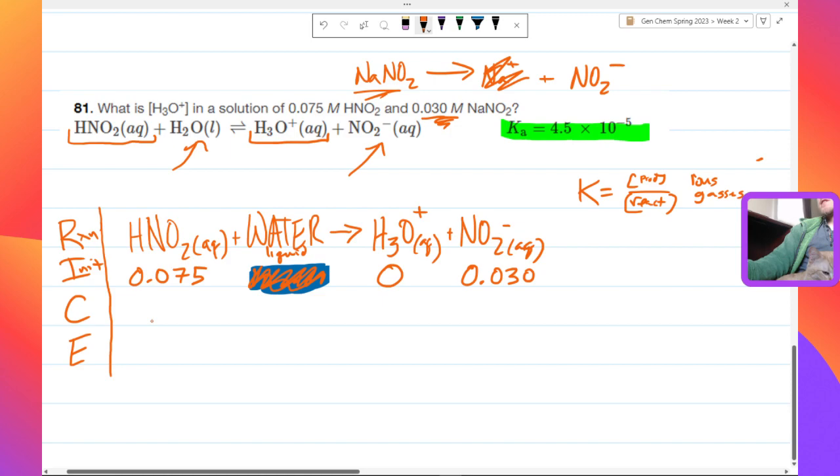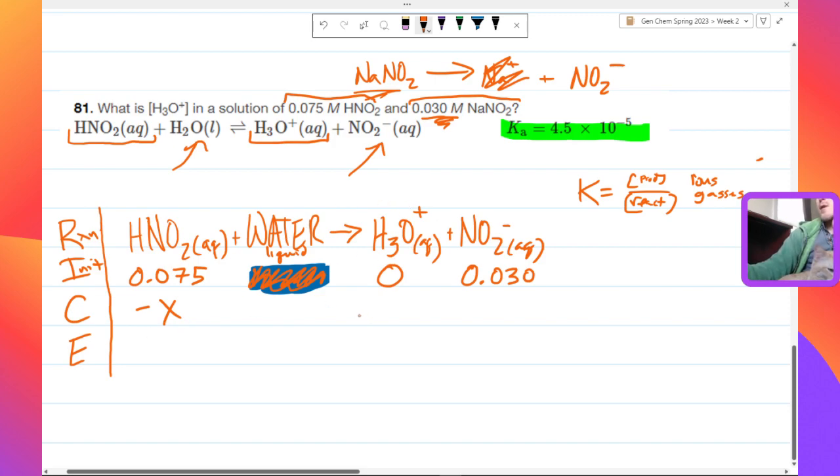When these two solutions, the nitrous acid and the sodium nitrate, combine, there will be some change. Some amount of this proton right here is going to come off and go into water and become the hydronium ion.